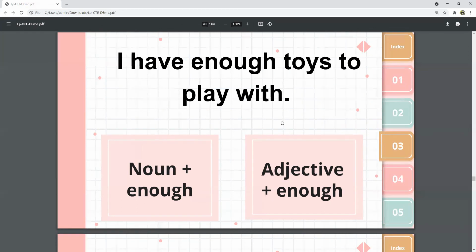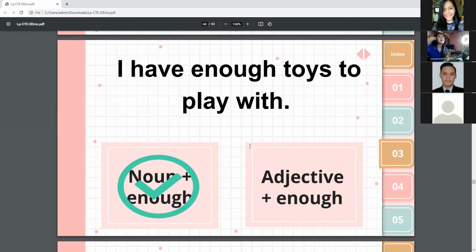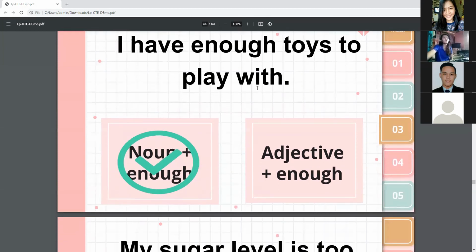I think it's enough plus noun. Okay, very good. So you have it correct. What is the noun in this sentence, Russell? I think the noun there, ma'am, is toys. Toys. Okay.